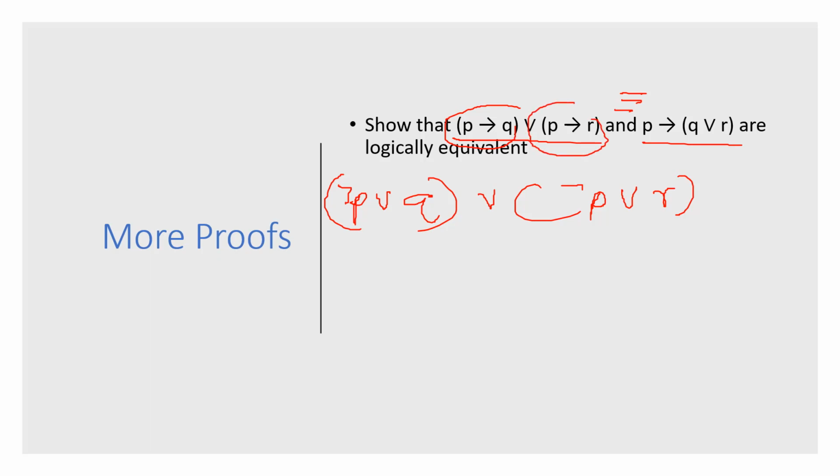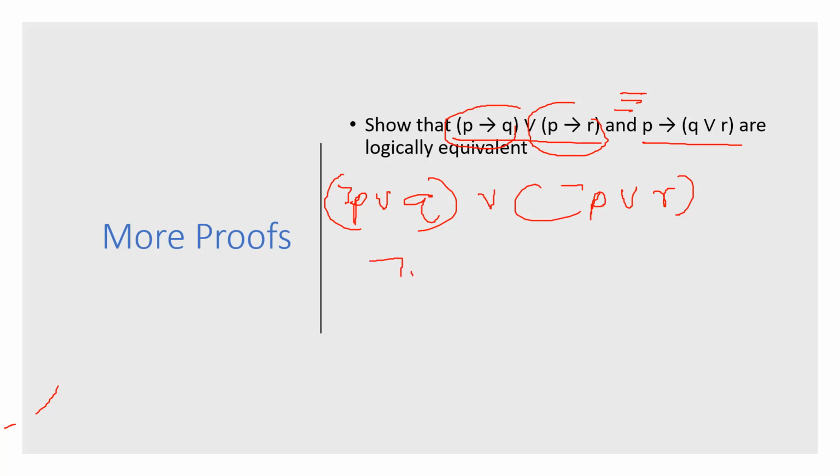And let's try to simplify. Now we have or here, so we can just remove all the parentheses. It doesn't matter anymore. So let me get the eraser here, get some cleaning here. Let's just erase this one. Let's get the pen.